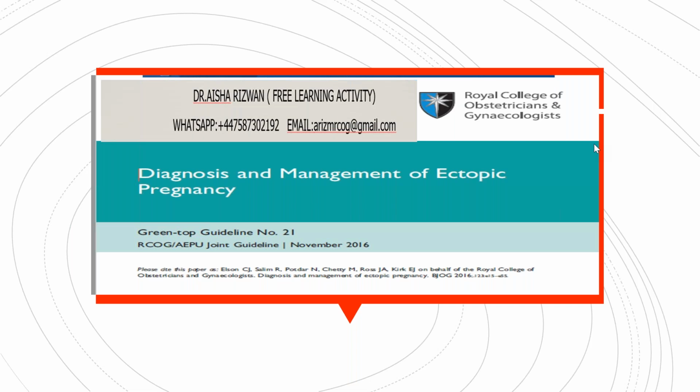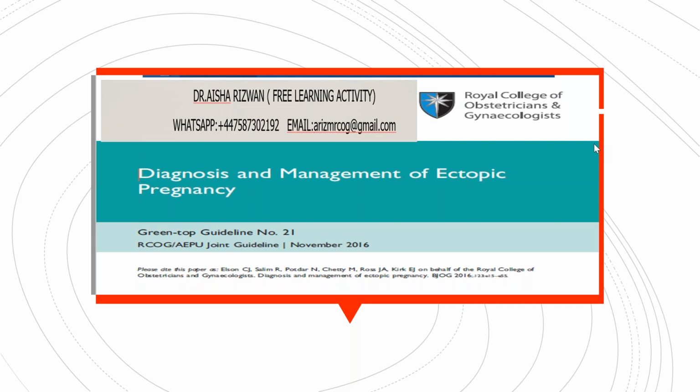The presence of a yolk sac, fetal pole, and/or fetal cardiac activity are significant predictors of failure of the treatment. If you did the initial ultrasound and you have seen a yolk sac, a fetal pole, and/or fetal cardiac activity, all of these are significant predictors of failure of methotrexate.